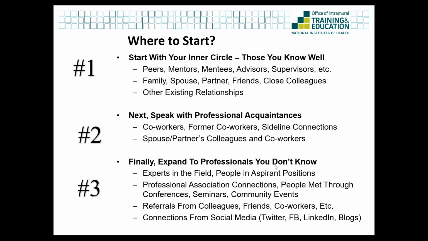That could also be your family, your friends, your close colleagues, other close existing relationships. So that's your inner circle, that's your core group of people. And so start there and ask for recommendations of people. A lot of times this is referred to as the contact method, where you're asking people for advice and contacts on who you should be reaching out to.